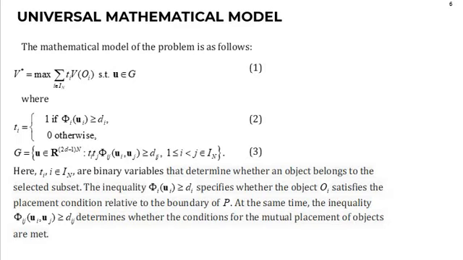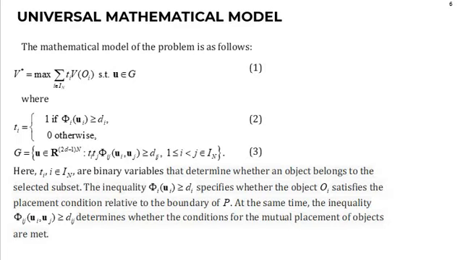The mathematical model involves binary variables. This determines whether an object belongs to the selected subsets, and placement conditions. Inequality specifies whether an object satisfies the placement conditions relative to the boundary and to other objects. The problem is tackled in two stages. The first stage is subset enumeration, identifying possible subsets of objects.